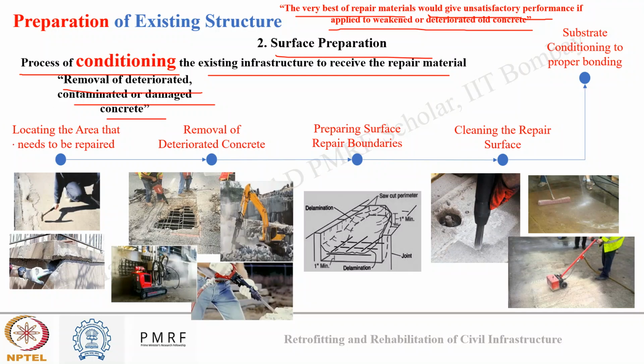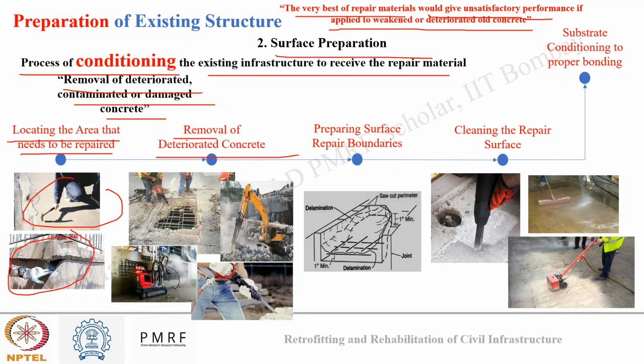The first step is locating the area that needs to be repaired. How is this done? This can be done either by hammering and listening to the sound, which is also known as the soundness test of concrete, or by locating the defect manually, where repair is needed. Once you have discovered where the repair is needed, the second step is removal of deteriorated concrete.